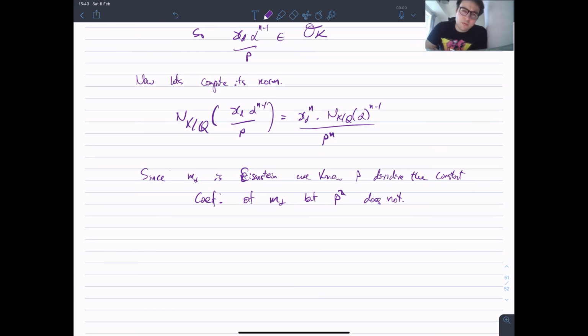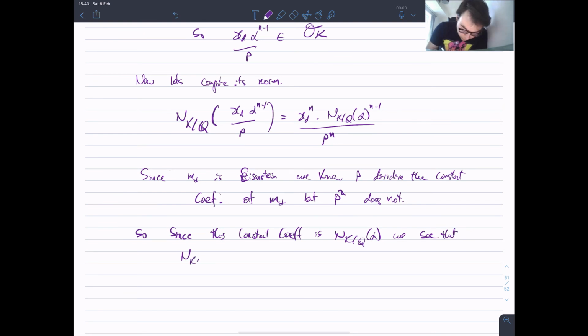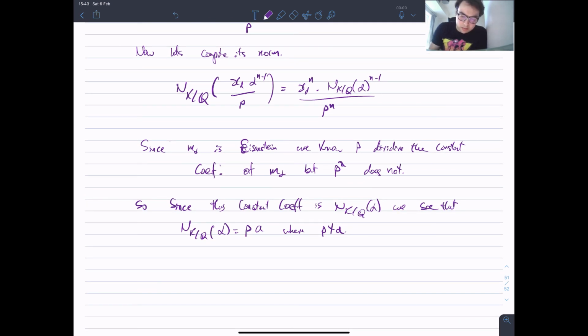Now, if you remember from ages ago, we showed that the constant coefficient of the minimal polynomial was always given by the norm of your element. So since this constant coefficient is the norm from K over Q of alpha, we see that the norm from K over Q of alpha has to be p times a, where p doesn't divide a. So it has to be divisible by p once, but not twice, because it's Eisenstein.